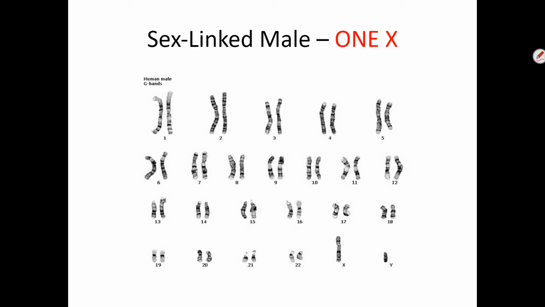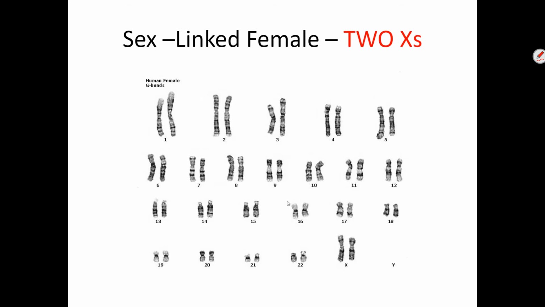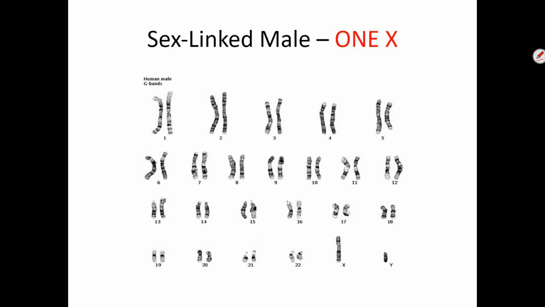Genes necessary for life are located on the X chromosome. So there's no such thing as a living person that doesn't have an X chromosome. However, there are individuals that don't have Y chromosomes. They're called females. And so the Y chromosome only has genes on it that are necessary for maleness, is the best way to say that.